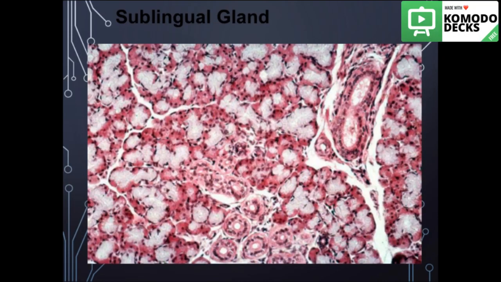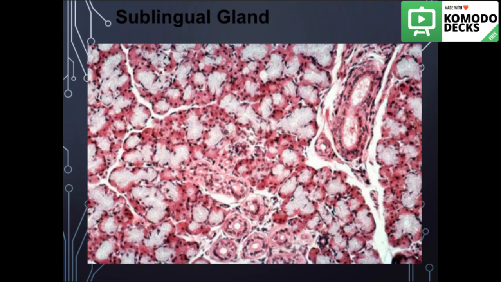A mixed glandular parenchyma, showing here more predominance of the mucus cells, which are paler, and less of the more reddish, here darker, serous demilunes.